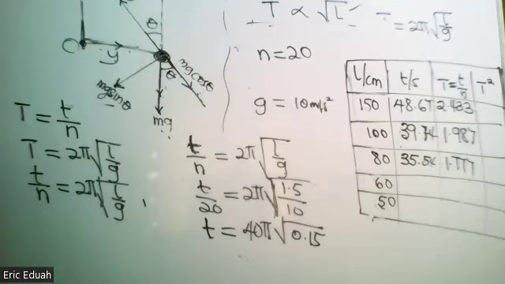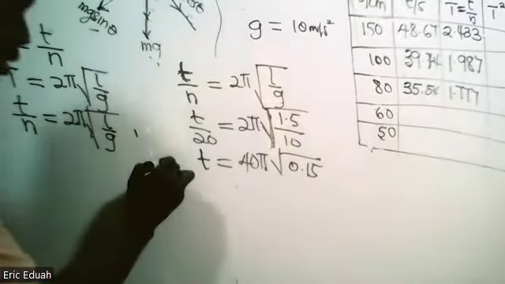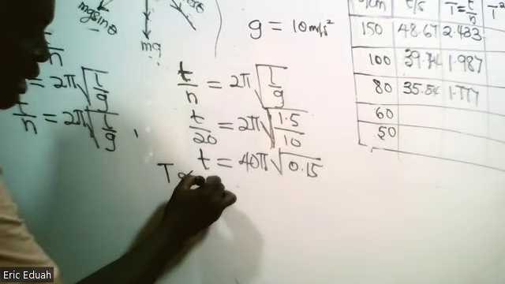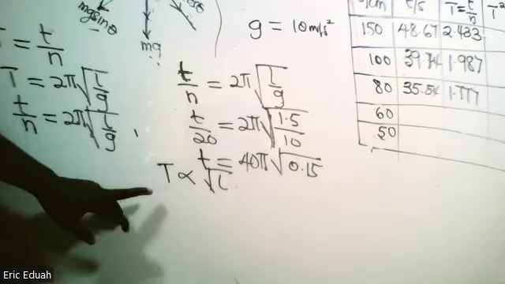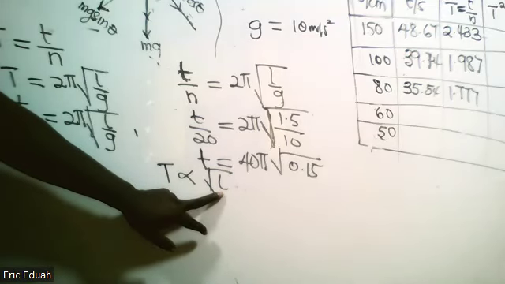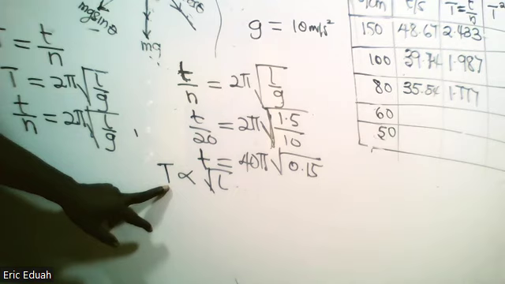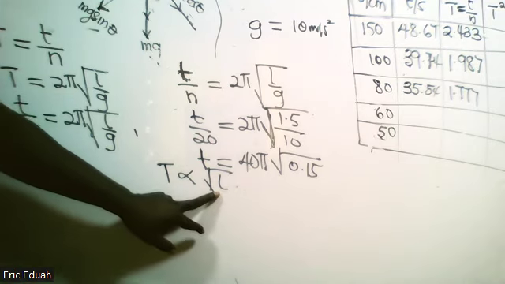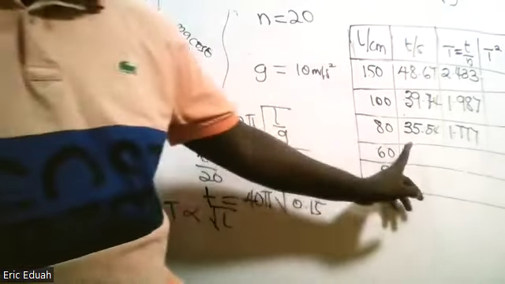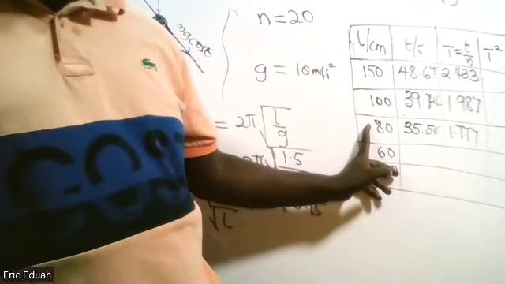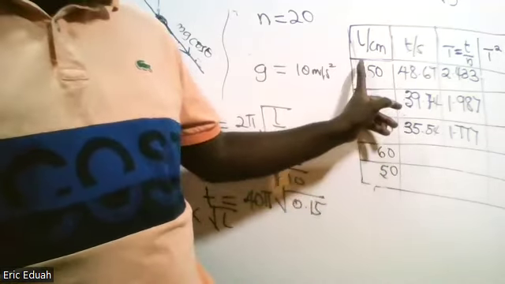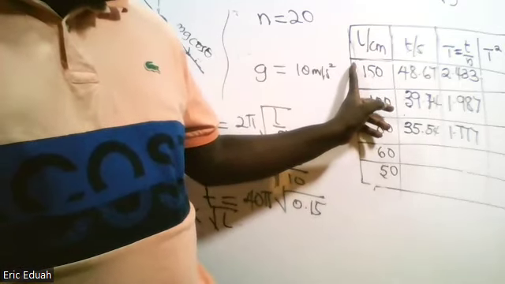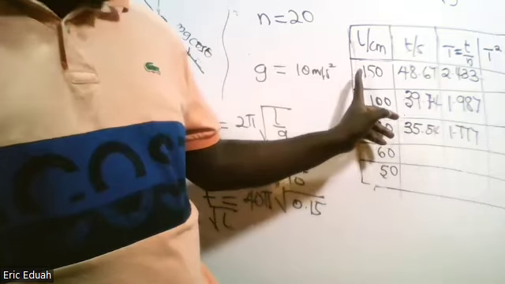All right. So we said that T is directly proportional to the square root of L. Meaning, if L is increasing, T must increase. If L is decreasing, T must decrease. Look at our values. When we are moving up, is L increasing or decreasing?